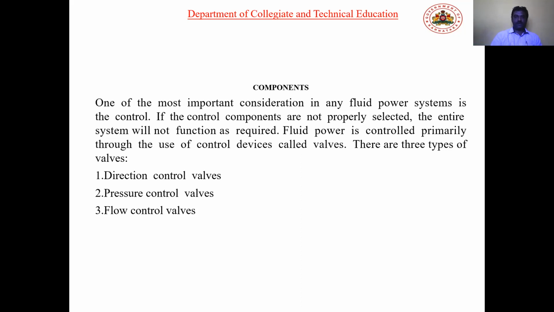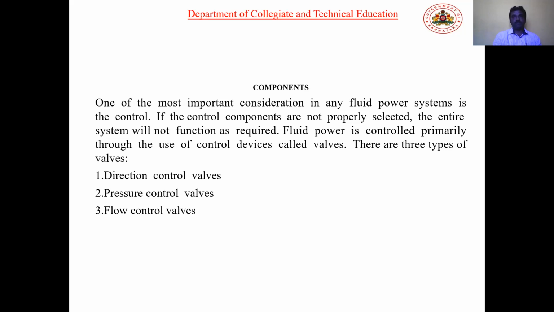Then the second one is called pressure control valves. As the name itself indicates, it controls the pressure of a hydraulic fluid inside a hydraulic system. These pressure control valves are classified into 4 types: pressure relief valve, pressure reducing valve, pressure sequence valve, and counterbalance valve.